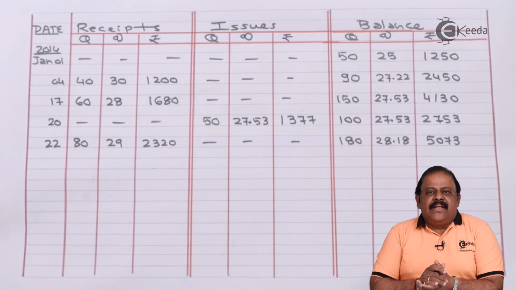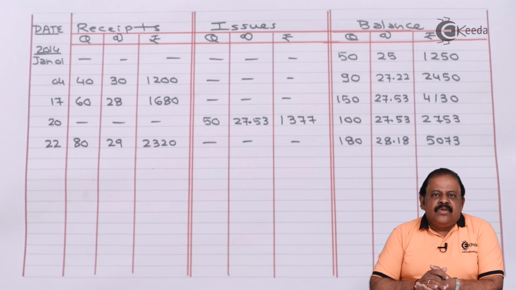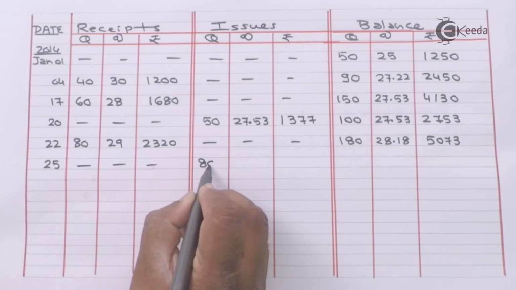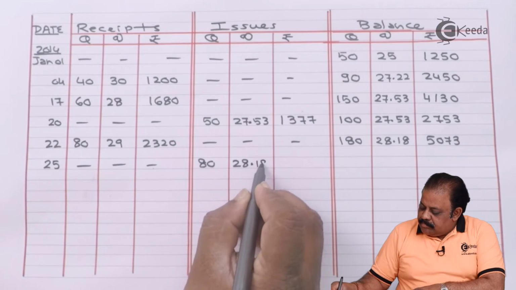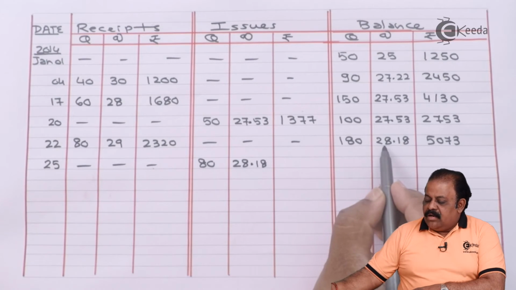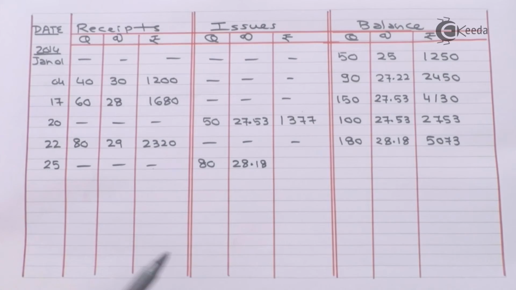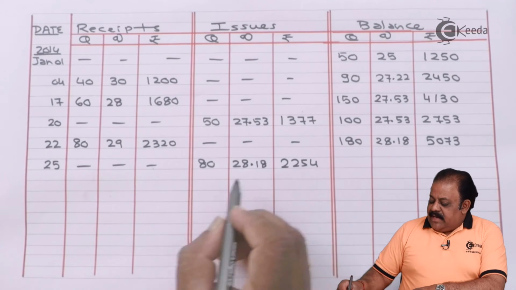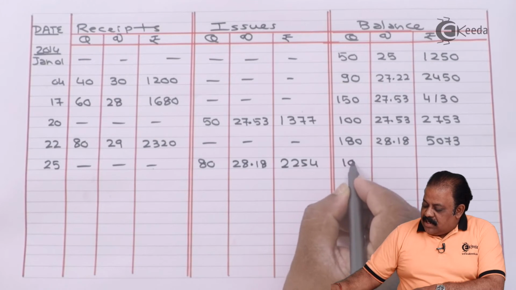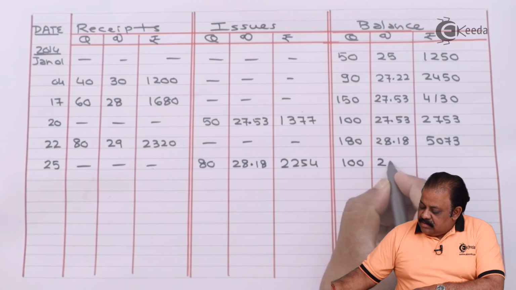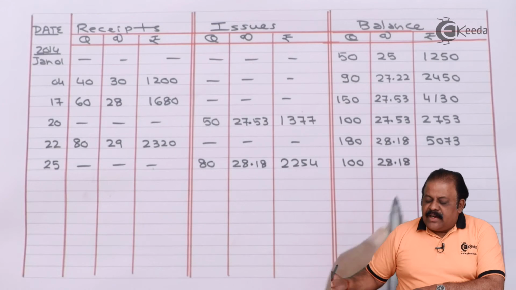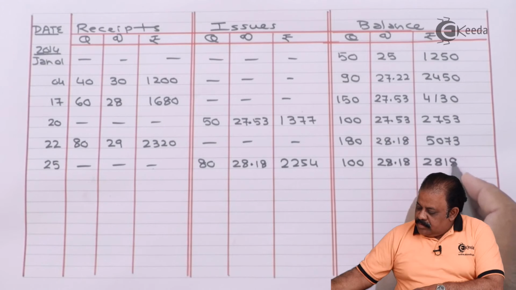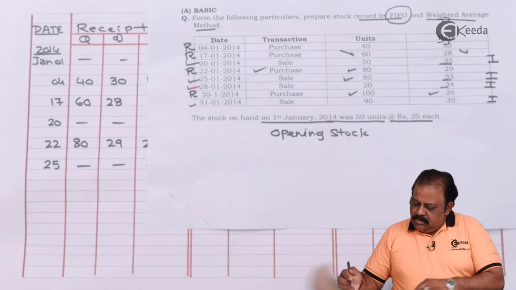On 25th there is a sale of 80 units at the rate of 33. We are required to ignore the selling price. We will be issuing units at cost. Issue of 80 units, rate will be 28 rupees 18 paise. Out of 180 units, 80 units are issued. So balance units are 100 units at the rate of 28 rupees 18 paise, 2818.